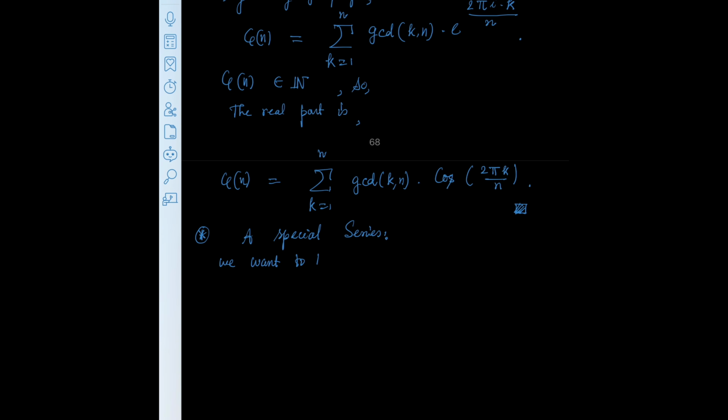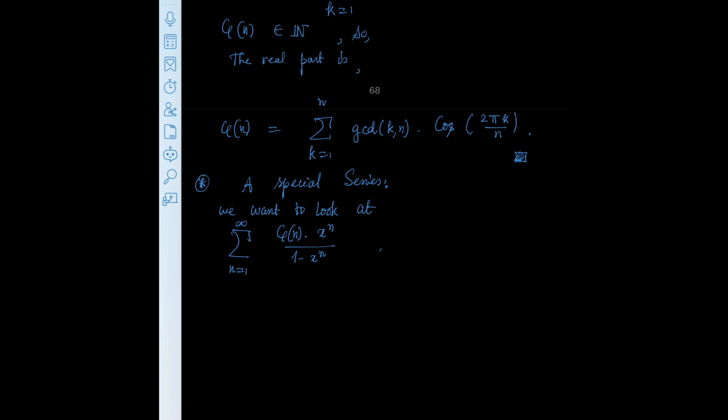We want to look at the sum over n from 1 to infinity of phi of n times x to the power n by 1 minus x to the power n, obviously for mod of x strictly less than 1. So I want to know, is there any closed form of this series, for mod x less than 1?